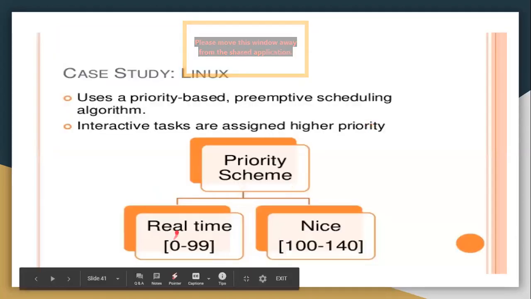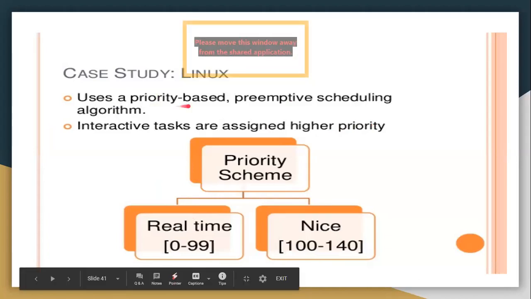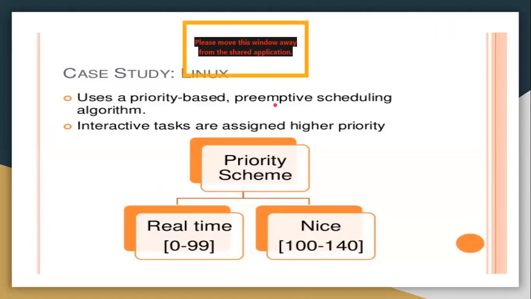For real time, the priority is between 0 to 99, and in the case of NICE, it can be 100 to 140. It uses the priority based preemptive scheduling algorithm. For the process which has the highest priority, the CPU will go to that process, and that is why it's called preemptive. The highest priority process will execute first.